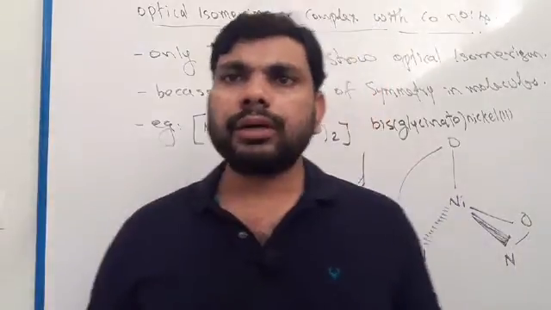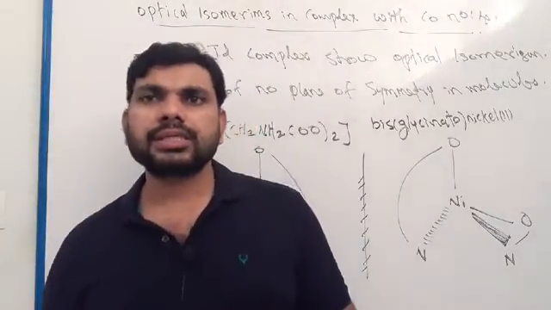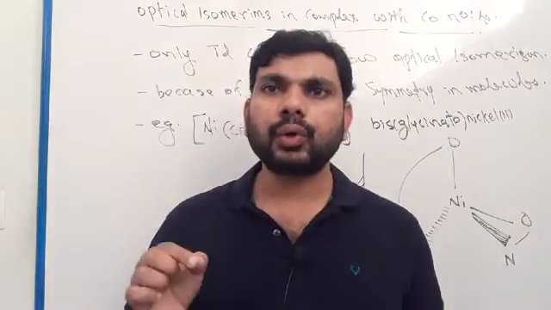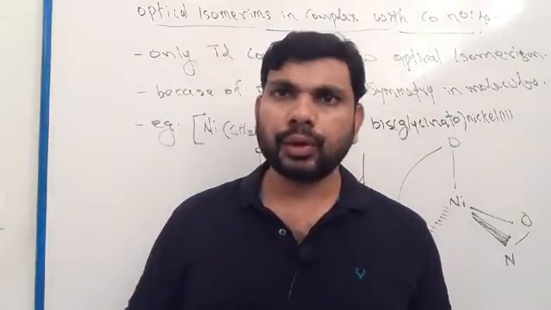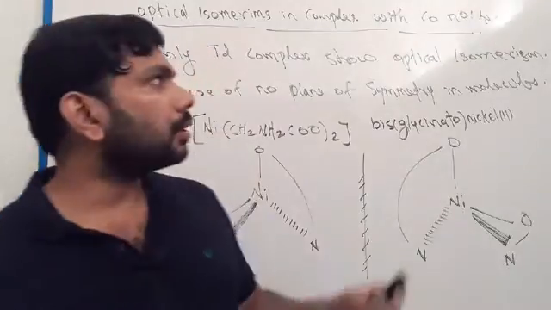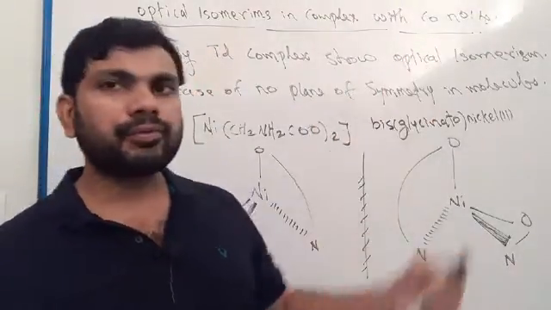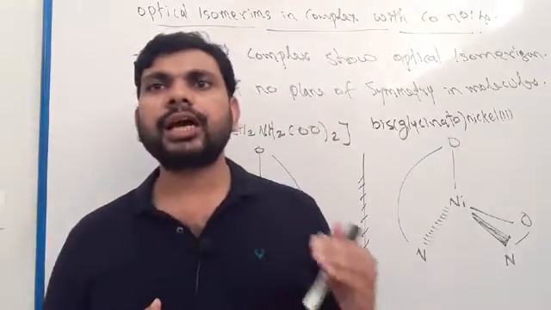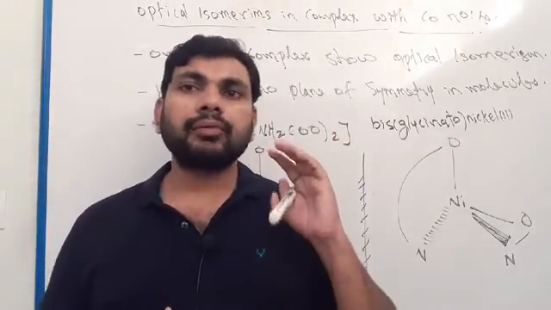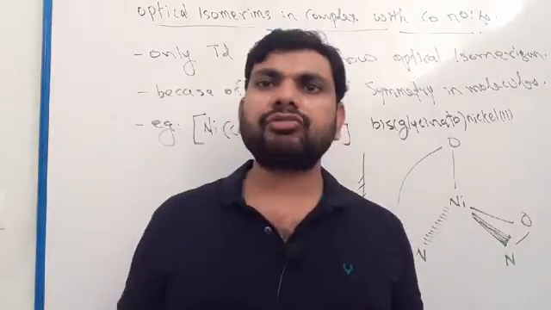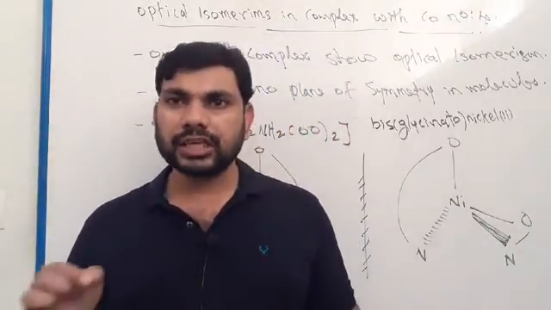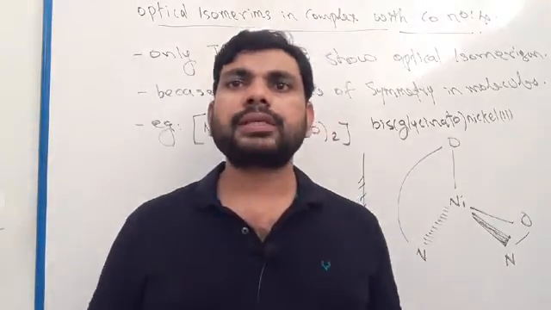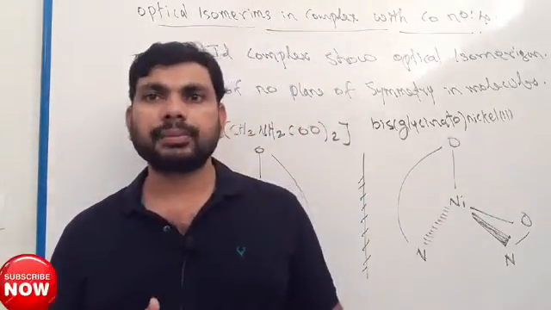So remember this example: cobalt, Cl2, ethylene diamine, and NH3 twice. Next, the last point we have to discuss here: optical isomerism in coordination compounds with coordination number 4. Coordination number 4 means there are two possibilities: tetrahedral and square planar. Only tetrahedral complexes show optical isomerism. Square planar complexes are planar, in the same plane, and they do not show optical isomerism.